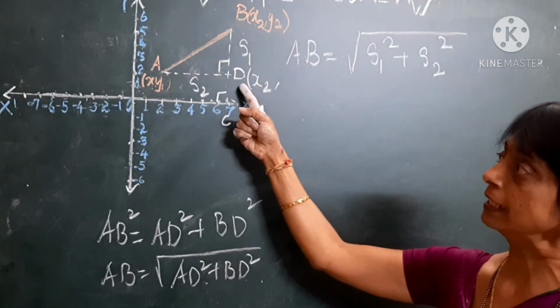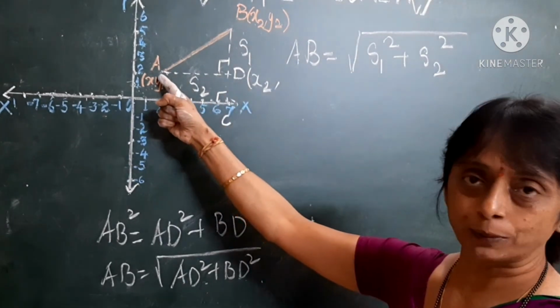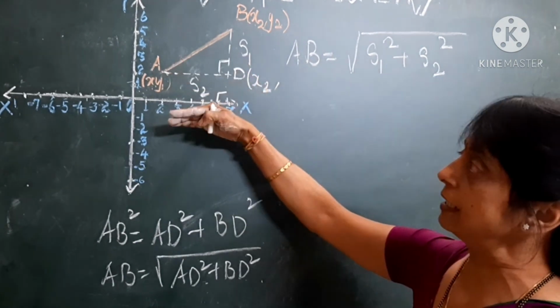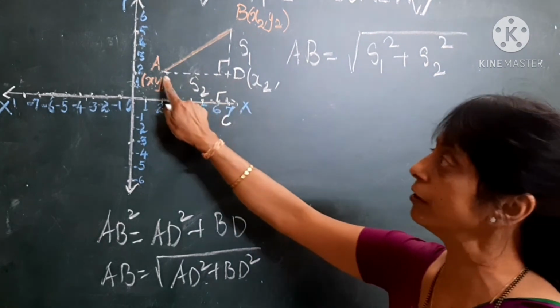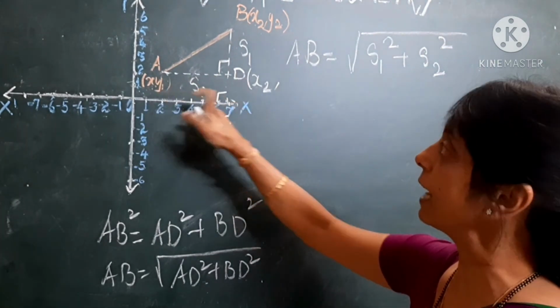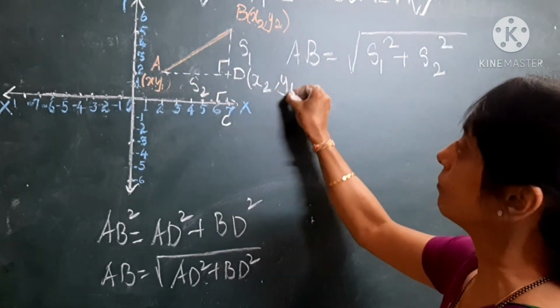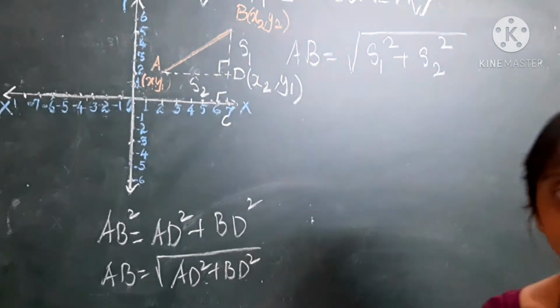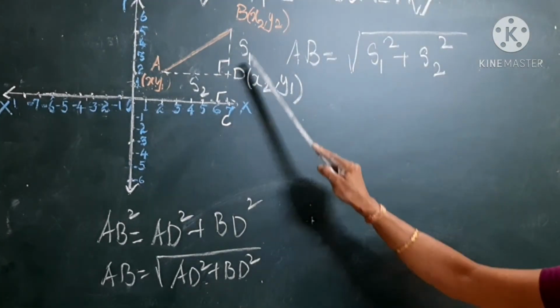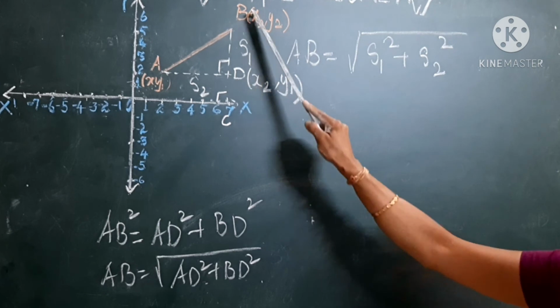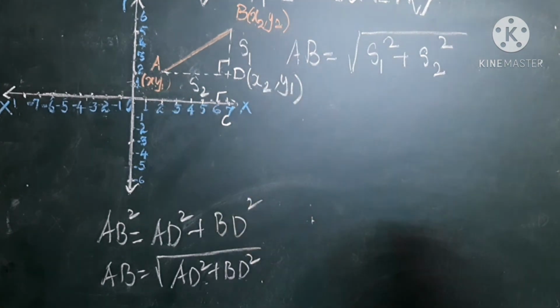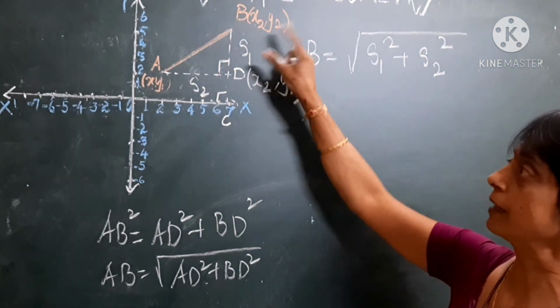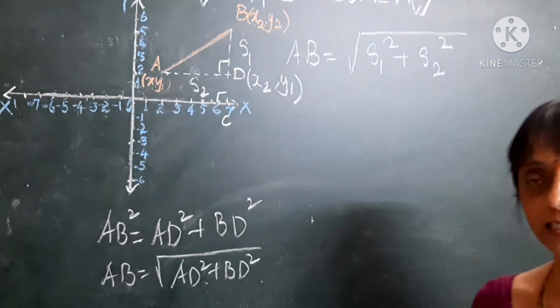And AD, when D is joined with A, is parallel to the x-axis, so the y-coordinate remains the same, which is y1. So ultimately the coordinates of point D are x2 and y1. Now it becomes easier for us to calculate the distance BD and the distance AD.